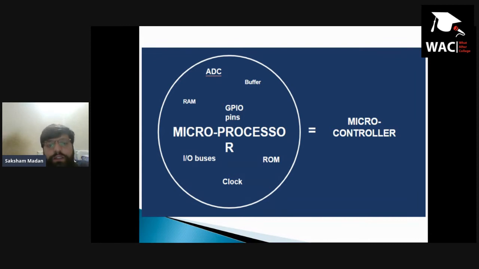Then there's the clock. The clock is a very important part of the system, using which our system creates a timed output. By timed outputs I mean outputs we can have at a particular time or at particular intervals.